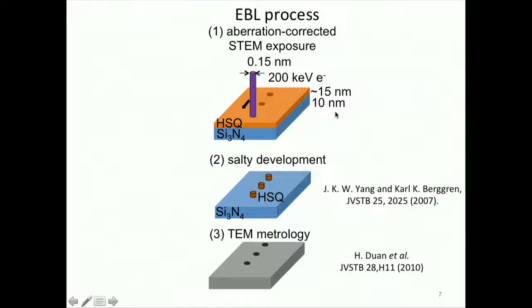After exposure, we do a salty development, as developed by my previous lab mate, Joel Yang. After this development, I do TEM metrology, previously described by my other lab mate, Hugh Smith Al-Dwan. This TEM metrology enables really high resolution imaging of the resulting structures.